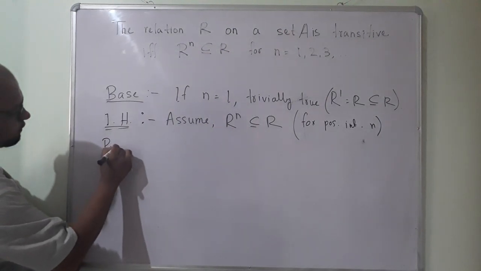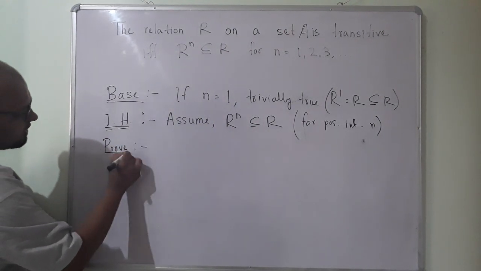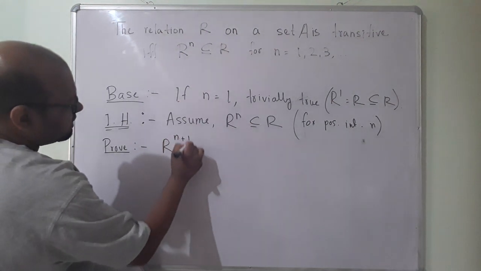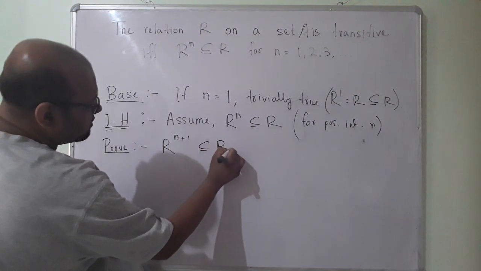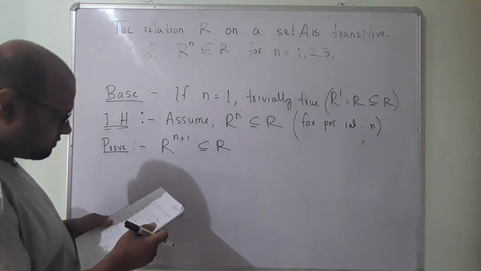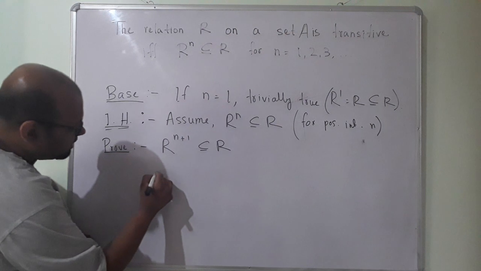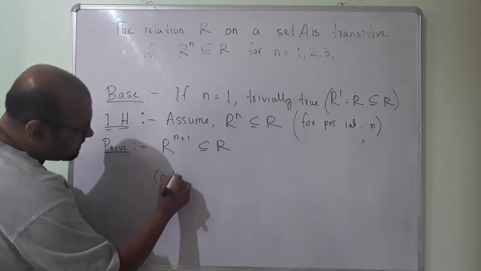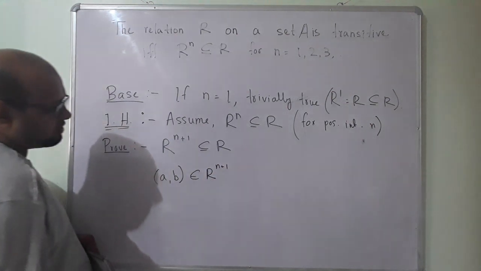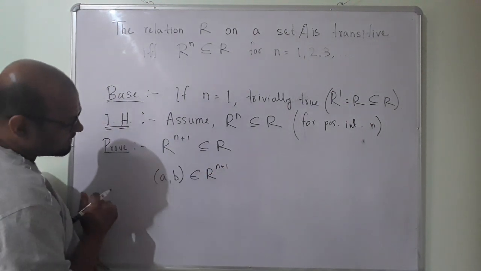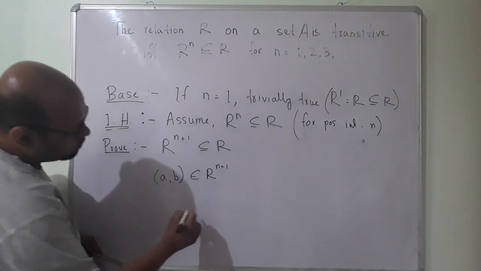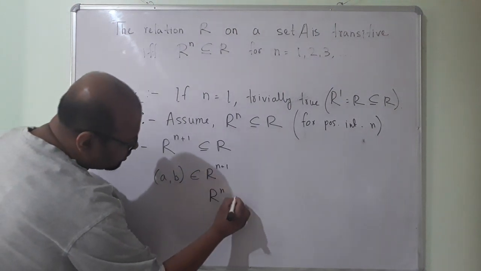We have to prove that R^(n+1) is a subset of R. Now let us assume that there is some AB that belongs to R^(n+1). What does this mean? This means that AB belongs to R^n composed with R.